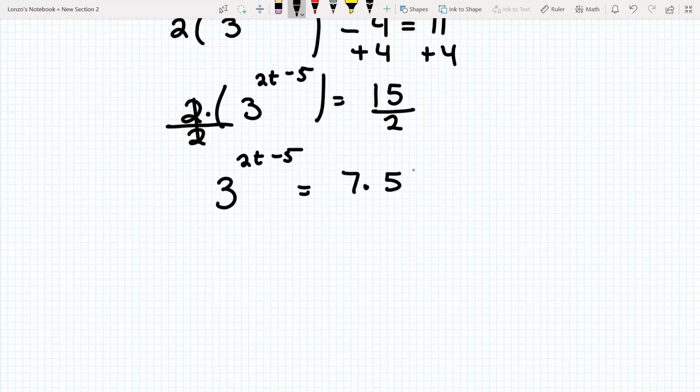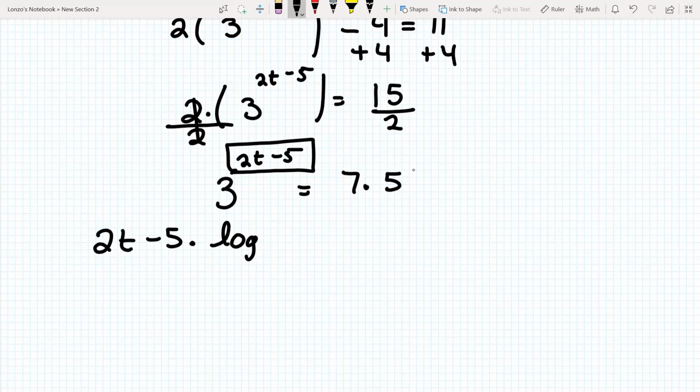So you're just going to have to take the log of both sides. This whole thing is a power, so you're going to rewrite this as 2t minus 5 times log of 3, equal, and on the right side, log of 7.5. Now on the left side, we have 2t minus 5 times log 3.